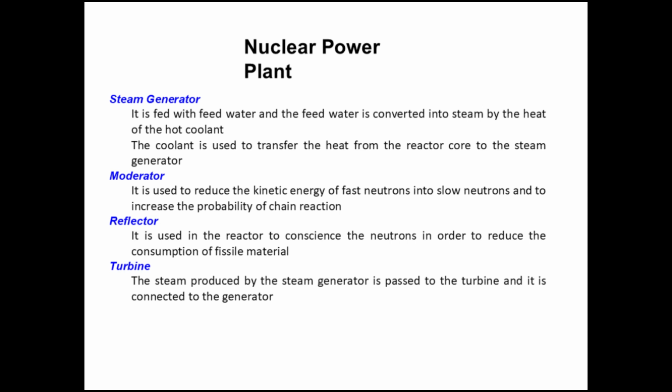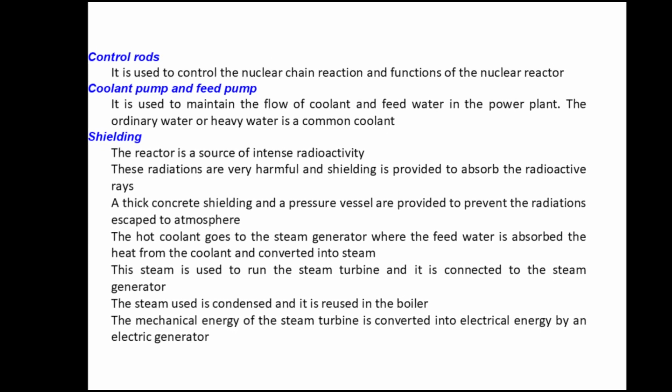Reflector. It is used in the reactor to conserve the neutrons in order to reduce the consumption of fissile material. Turbine. The steam produced by the steam generator is passed to the turbine, which is connected to the generator.